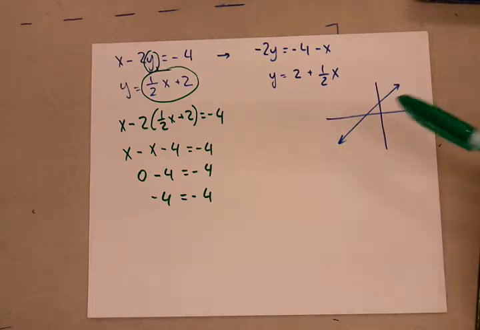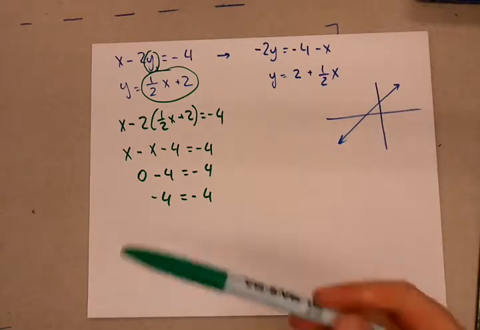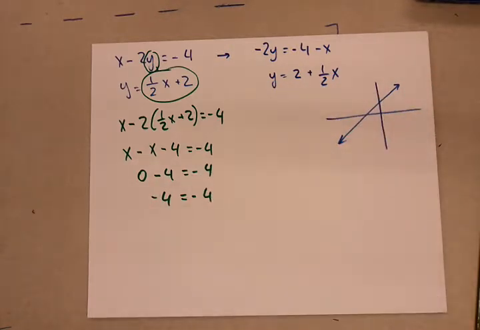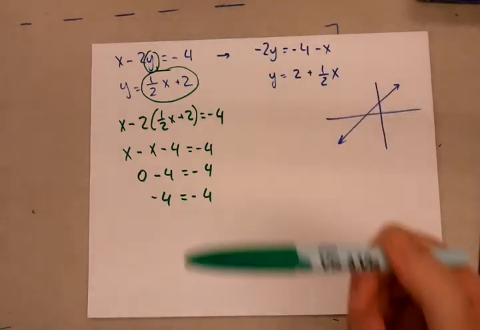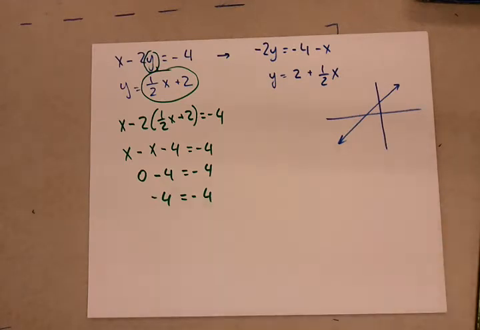So we did it through graphing, at least partially, and through substitution. This one you could have done with elimination as well. It wouldn't really matter, and you would get to the same outcome. You might not get negative 4 equals negative 4. You might get 0 equals 0. It doesn't matter. Every single point will work for this particular equation.